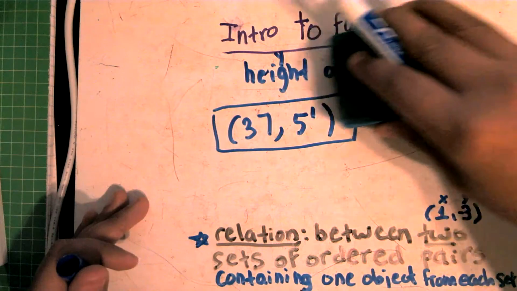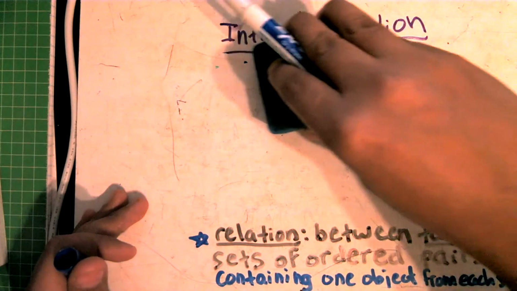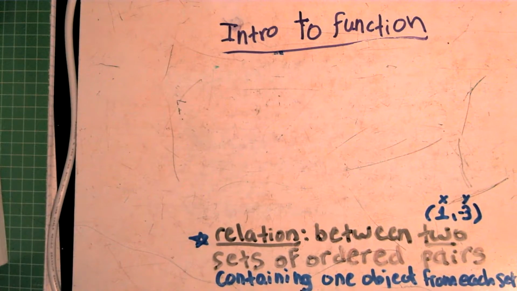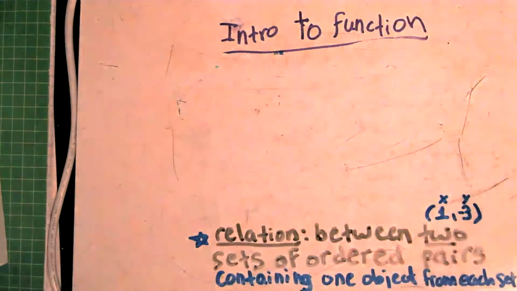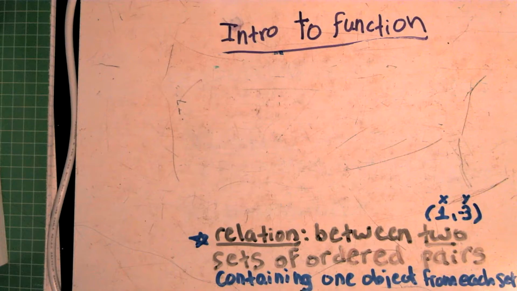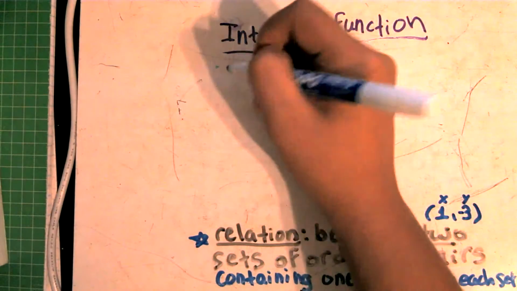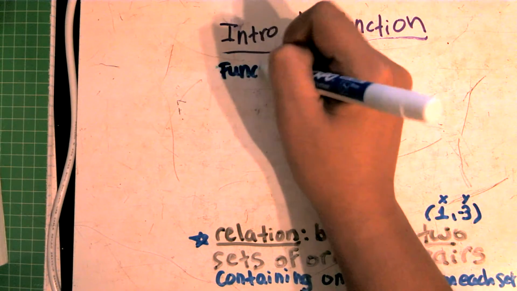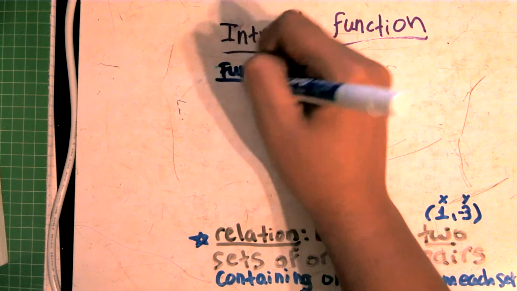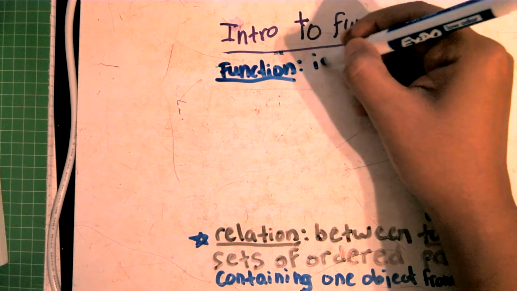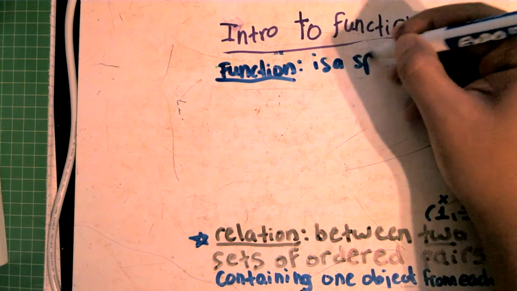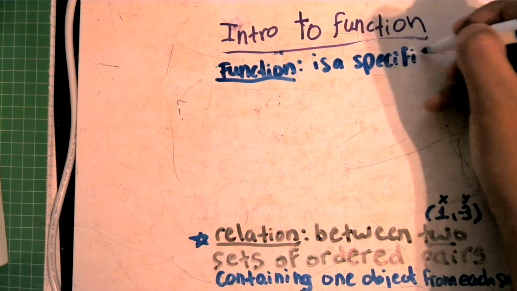Now a function, now we can get to the actual definition of a function. A function is a specific type of relation. So let's pull that vocabulary down. Function is a specific relation, not just any relation.